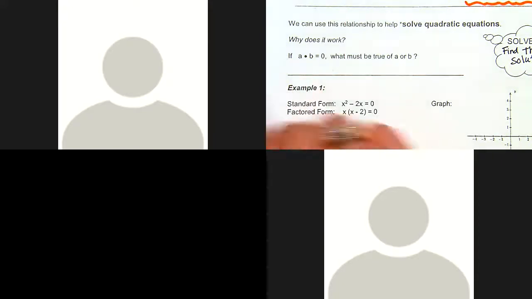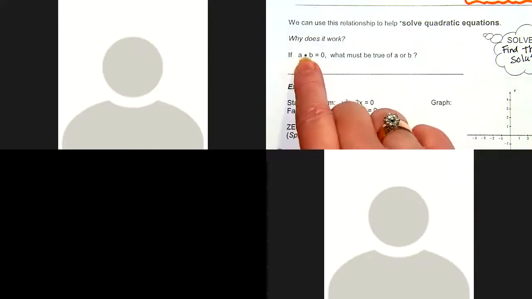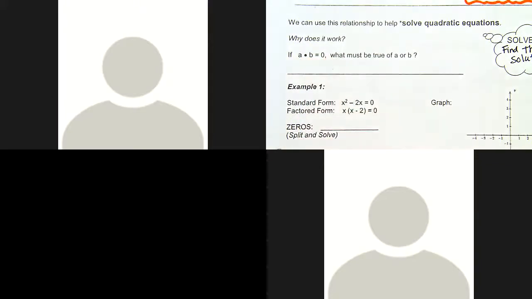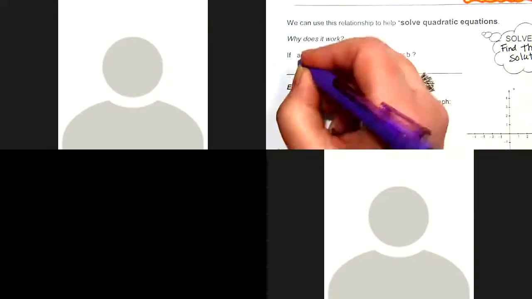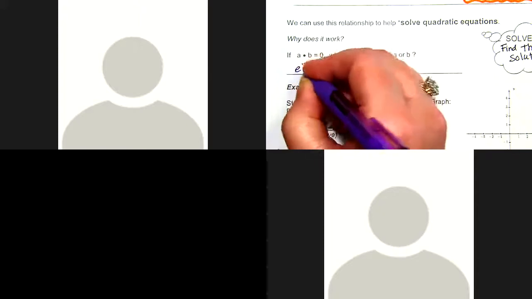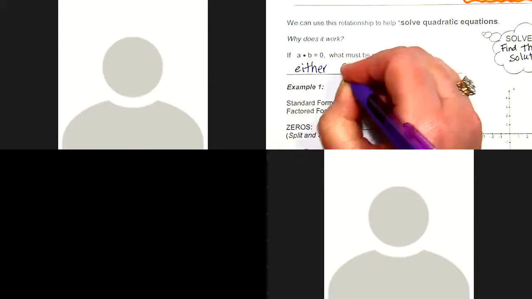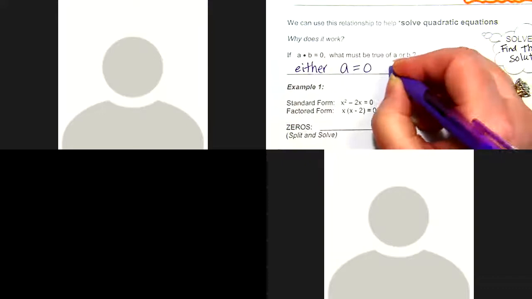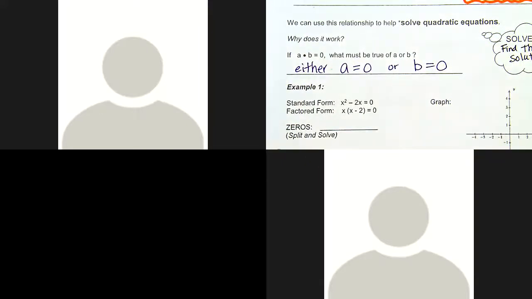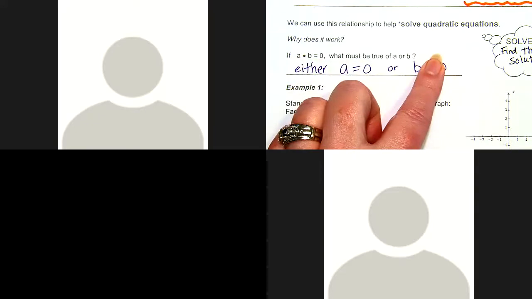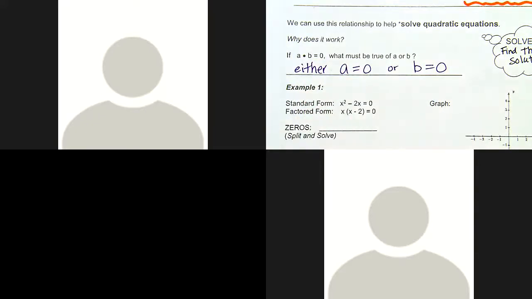If you multiply and the answer is 0, what has to be true? Either A has got to be equal to 0 or B has got to be equal to 0. If I multiply and get 0, one of them is going to be 0. Right. And that's the only way that's going to work.